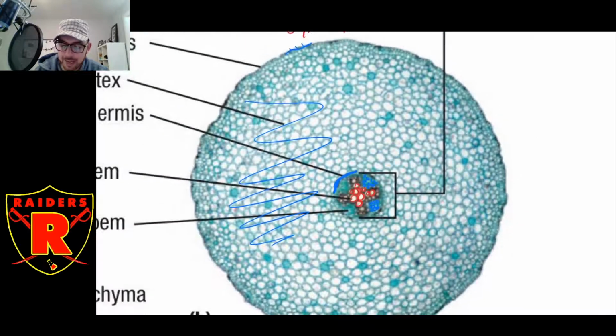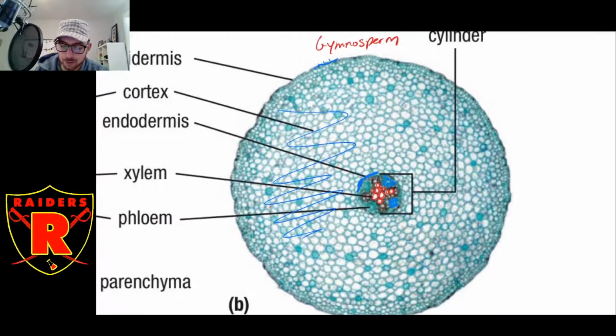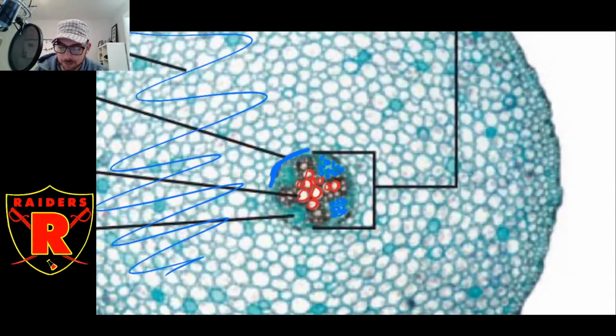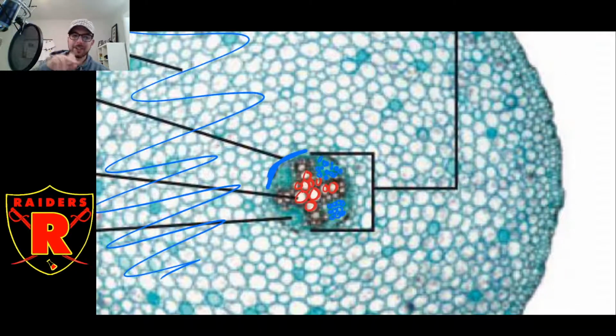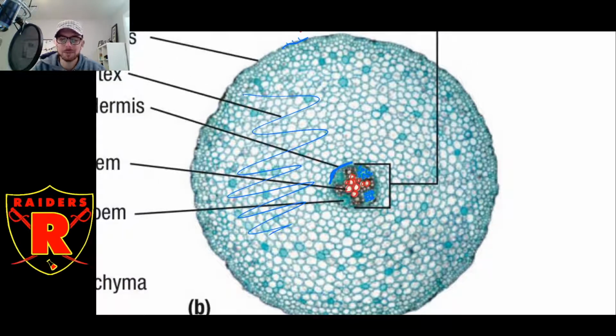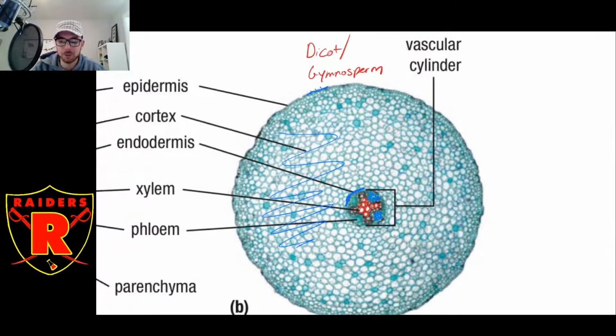So if you see an X of xylem in the center, or a T, that's a dicot stem. So that's the main way that you can tell the difference. If you see that little T structure of xylem in the middle, that's a dicot or a gymnosperm.